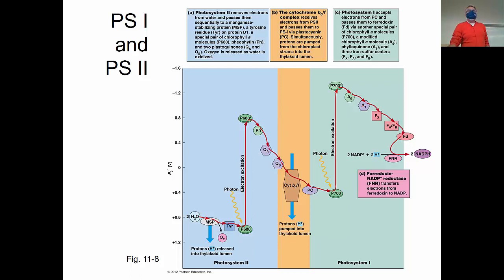So this is looking actually at the energetics of it, and so this is our hill that we've always been talking about, and electrons can flow down this. So we start with our water, and the electrons go into the photosystem P680. This absorbs light at 680, excites it, and then it moves down, down, down to the second photosystem, which is actually called photosystem 1.